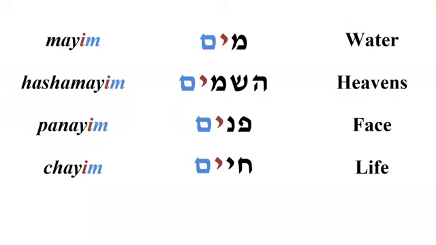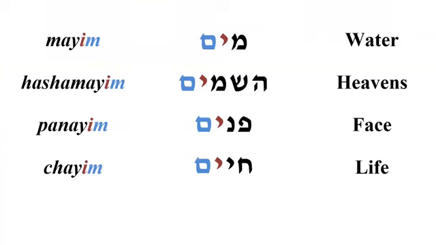If water is mayim, water is plural in his thinking. The word heavens, hashamayim. Remember, the ha is the, shamayim is actually sky waters. You hear the word mayim in there, sky waters. And by the way, Genesis starts out, in the beginning God created the heaven and the earth.